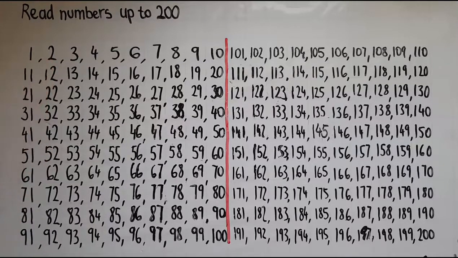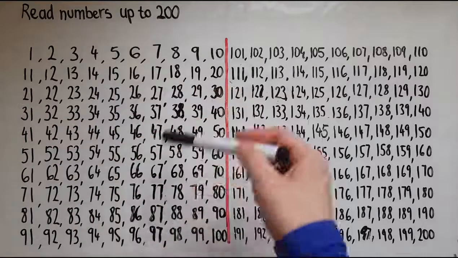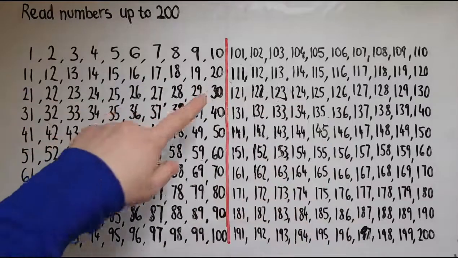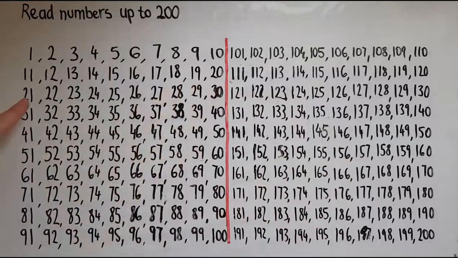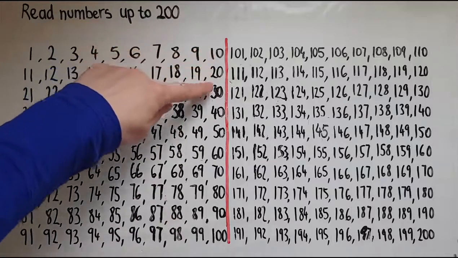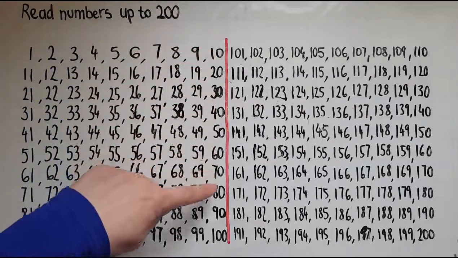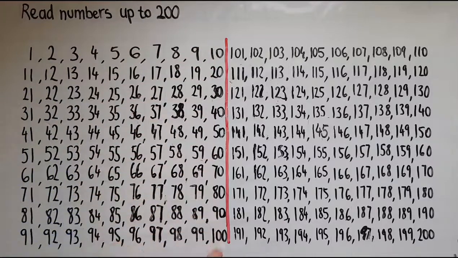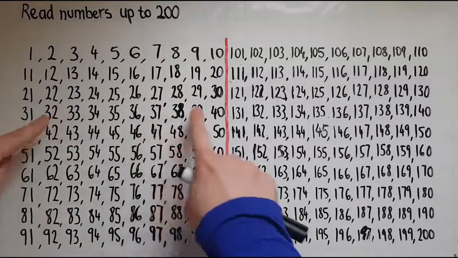So if you've got £12, it's a £10 note and £2 coins. £22, it would be £20 and the two pound coins. So that is appearing again and again. So if you know how to read numbers up to 20, you are okay to read all of these other numbers. So as long as you know 10, 20, 30, 40, 50, 60, 70, 80, 90 and 100, it is the same pattern repeating itself.